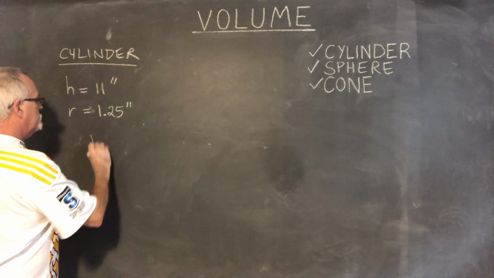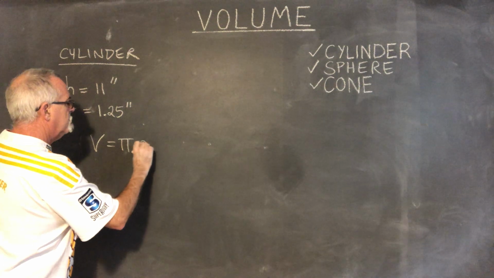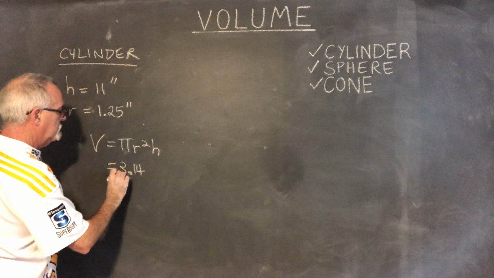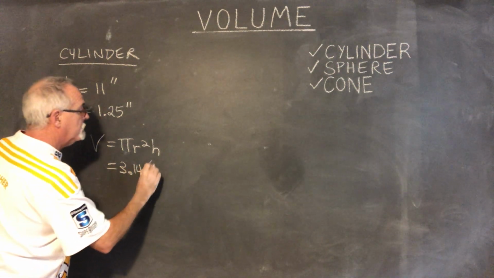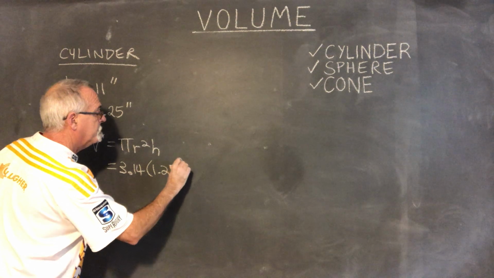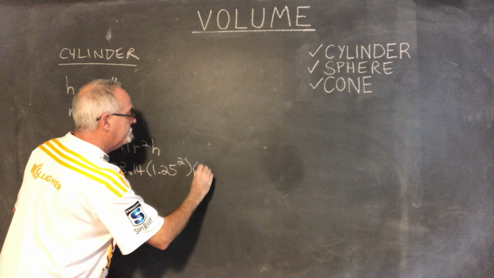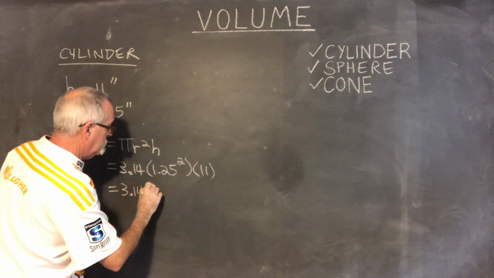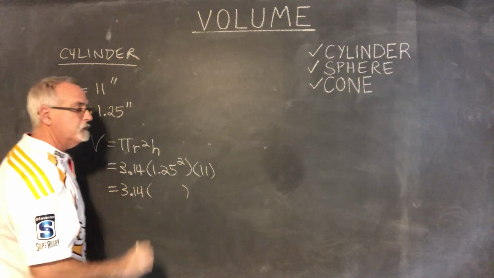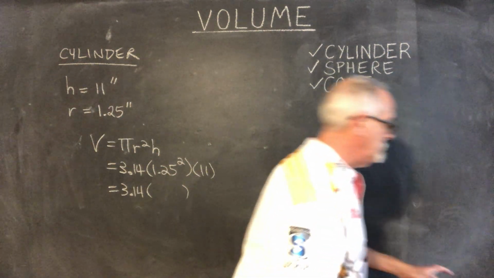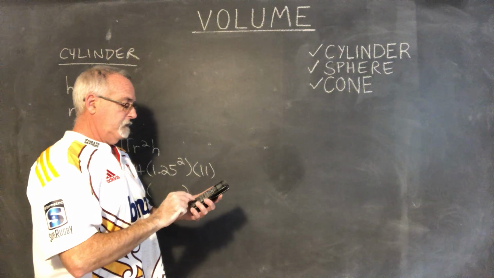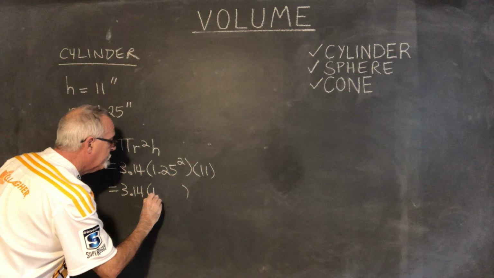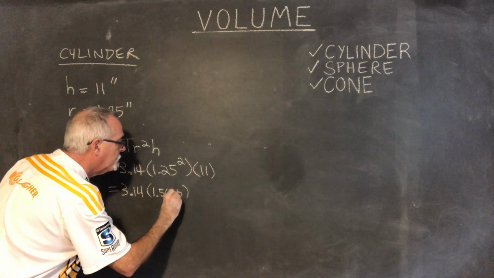So the volume of a cylinder is pi r squared h. And so the volume of this cylinder is pi times r squared, which is 1.25 squared, times the height of 11. So I'm going to do 1.25 squared in my calculator. 1.25 times 1.25 equals 1.5625 times 11.